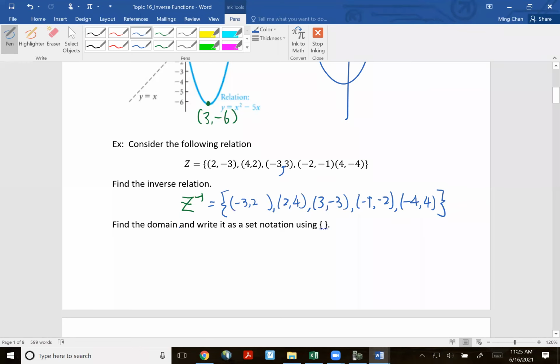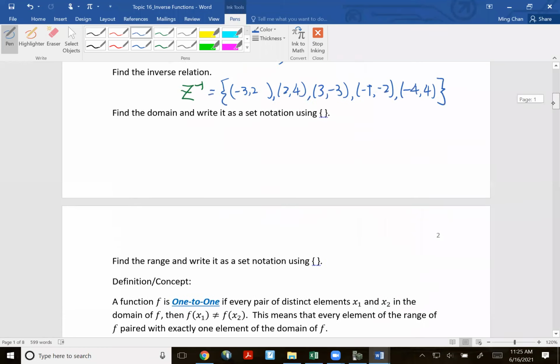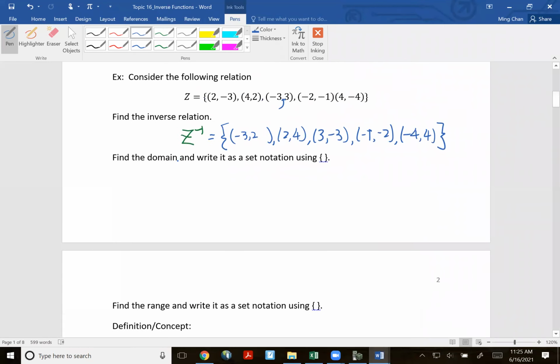All right. Find the domain and write it in set notation using the brace. So for my regular z, the domain was, I'm just going to write it like this: 2, 4, -3, -2, 4.